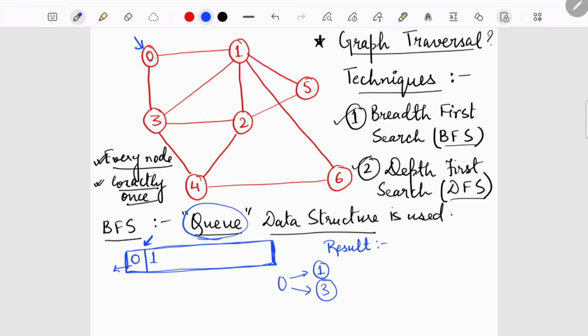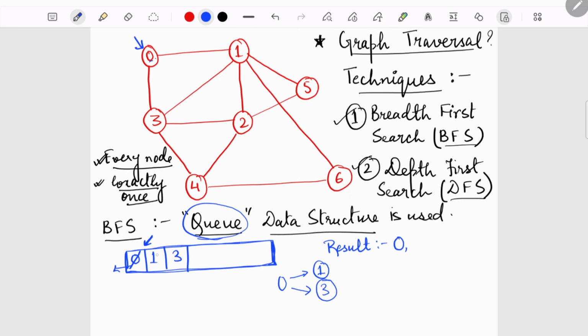So we'll insert 1 and 3 into the queue. When it is visited and the adjacent nodes are pushed into the queue, then only it leaves the queue. So once it is visited, we write it here in the result section.